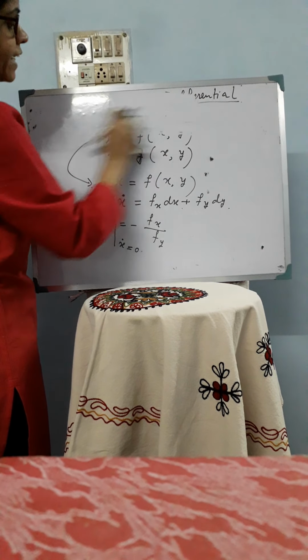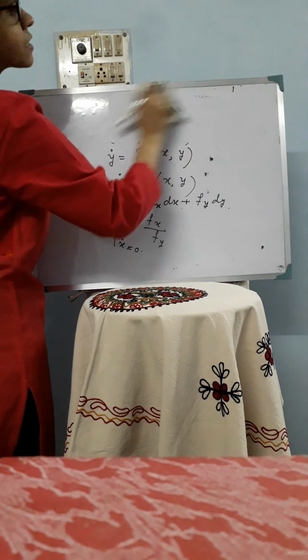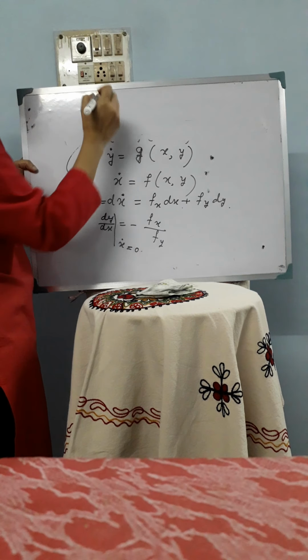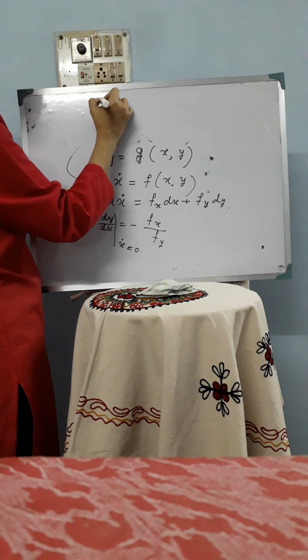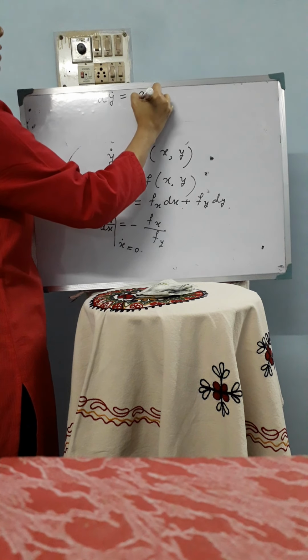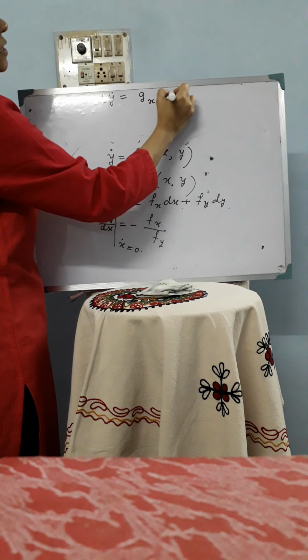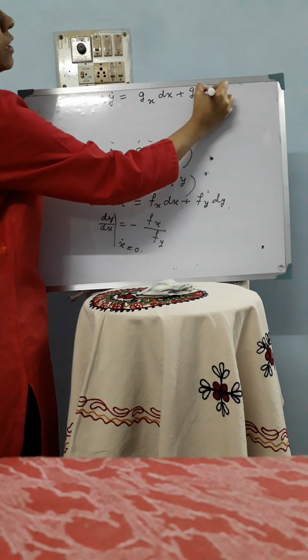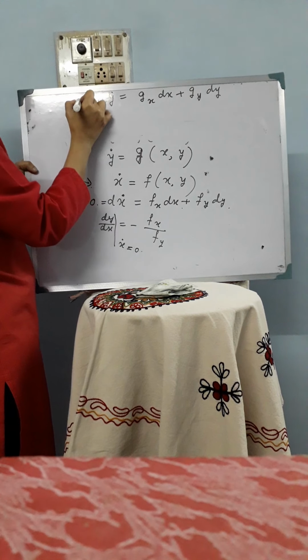So similarly we can get dy/dx when y dot is equal to 0. So when y dot is equal to 0, then dy dot is equal to gx dx plus gy dy, and dy dot is equal to 0.